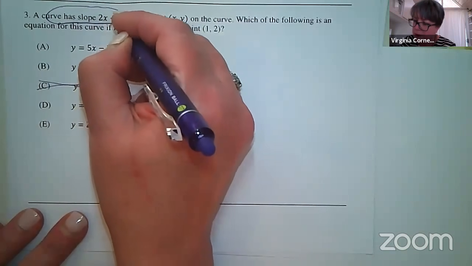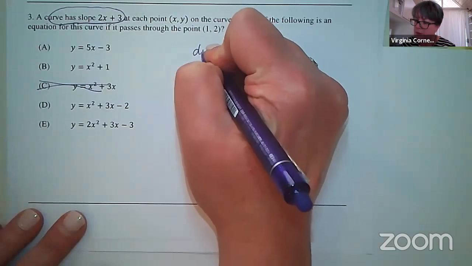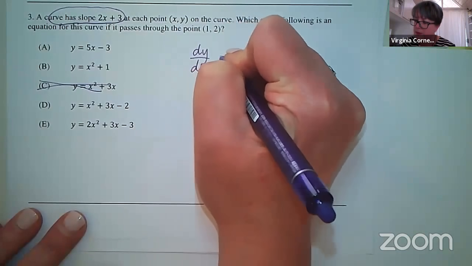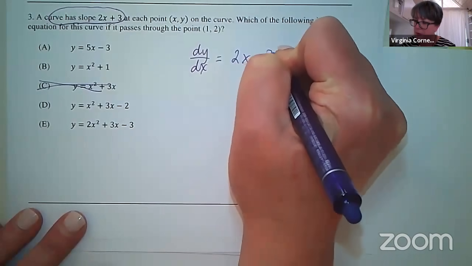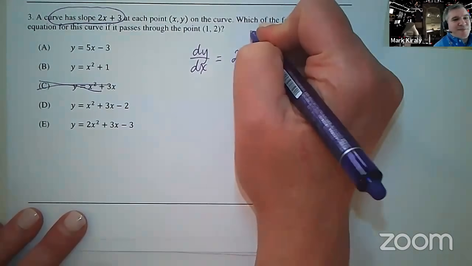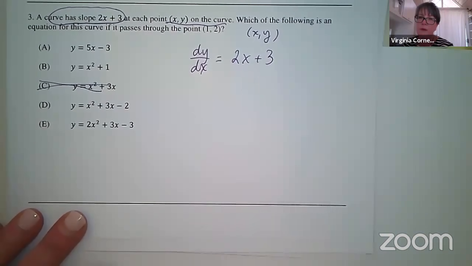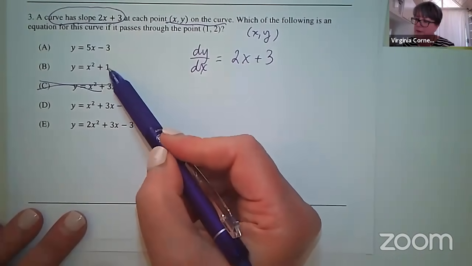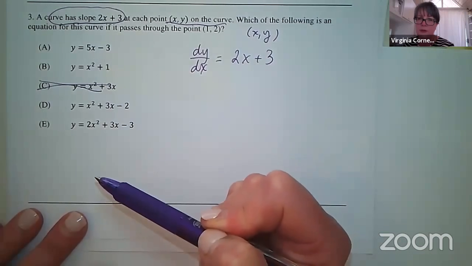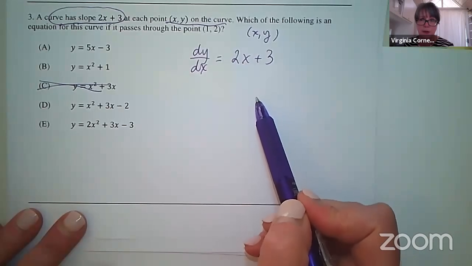Right here it says a curve has slope 2x plus 3. The slope is 2x plus 3. That means that dy dx is 2x plus 3 at every point x, y on the curve. So which of these remaining choices has a dy dx equal to 2x plus 3 at every point on the curve?